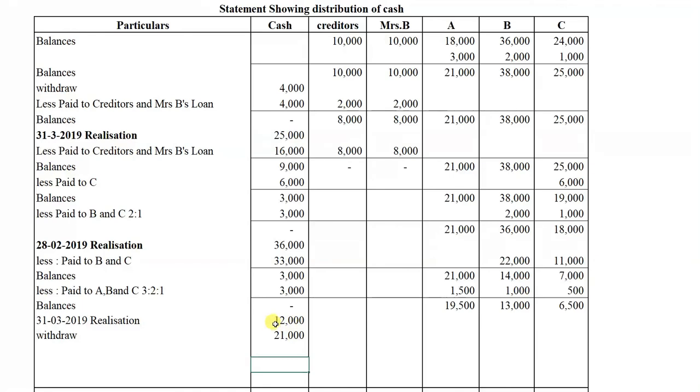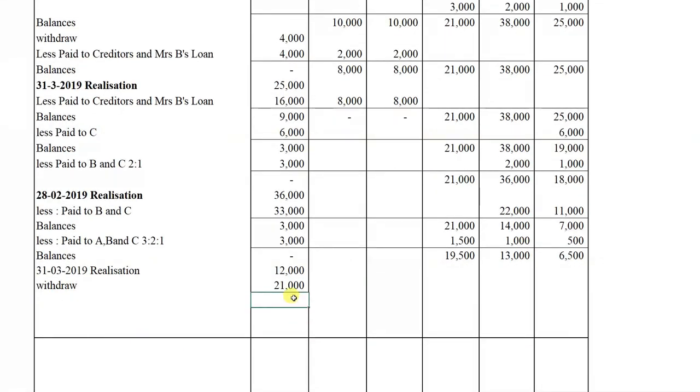So the total amount will be 33,000. So these 33,000 will be paid to A, B, C in their profit sharing ratio, and their profit sharing ratio is 3 as 2 as 1.